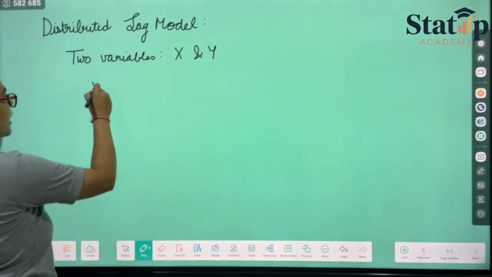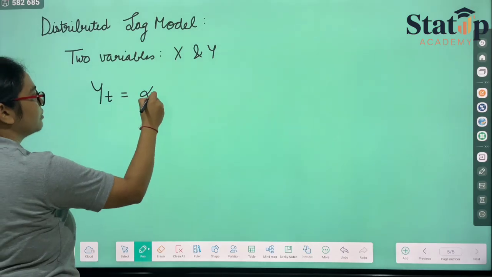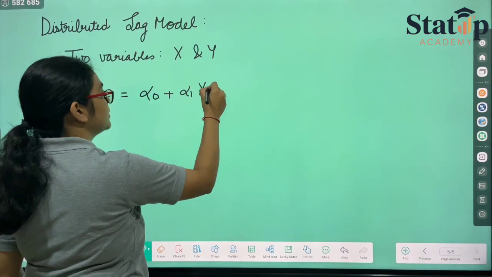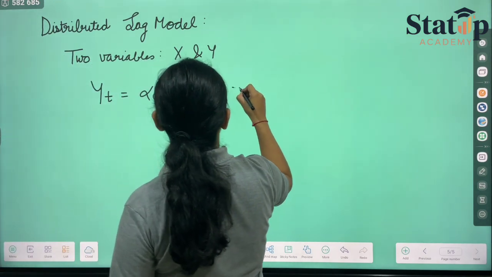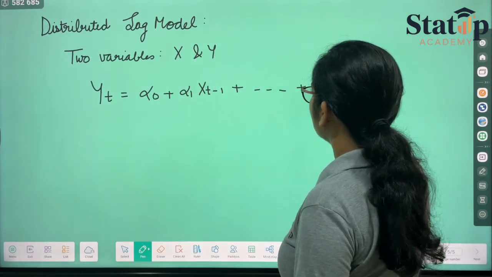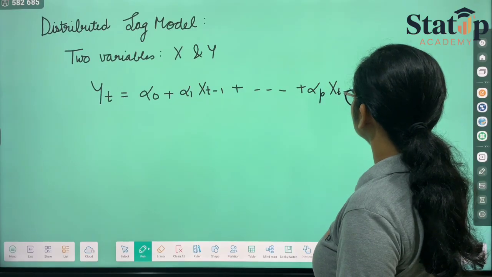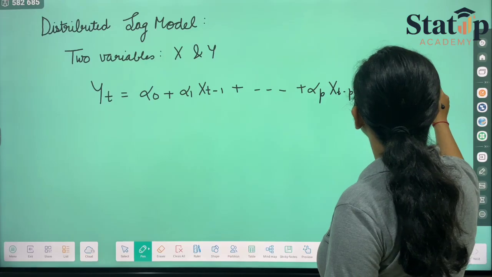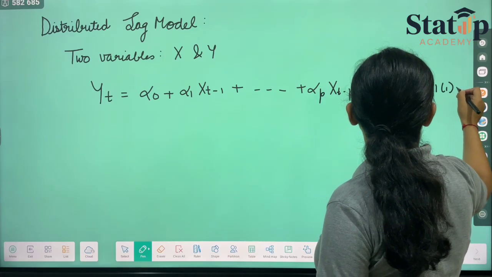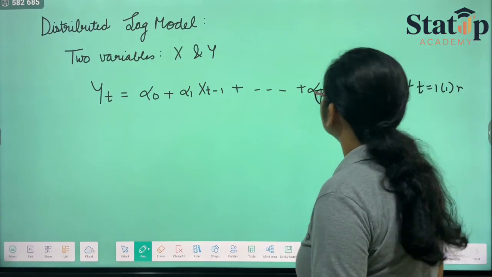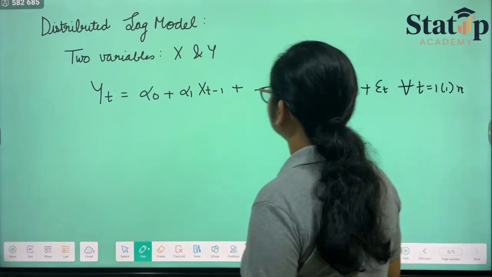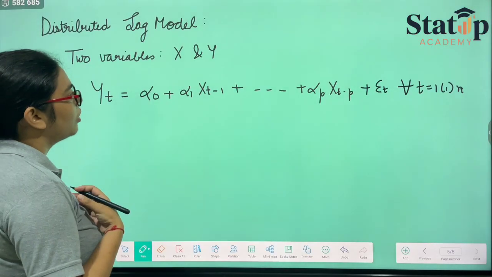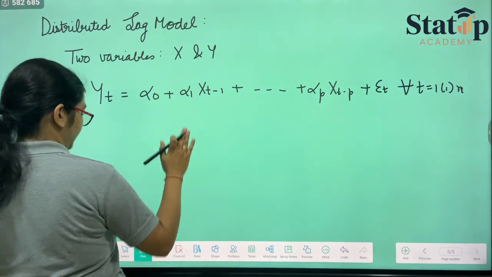So let us suppose yt is equal to alpha naught plus alpha 1 x t minus 1 plus up till alpha p x t minus p plus epsilon t for all t going from 1 to n. So this will be our distributed lag model, or we can change the variables here.